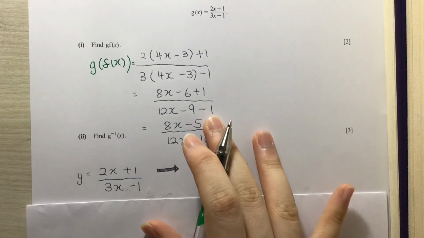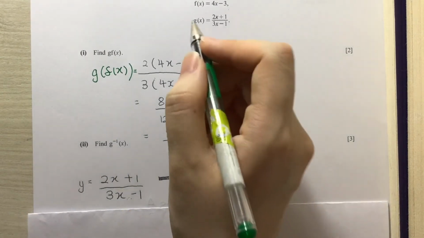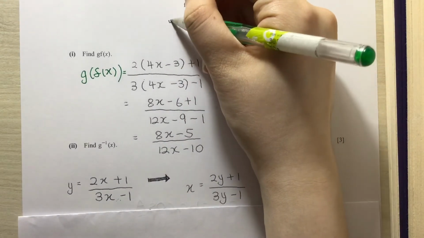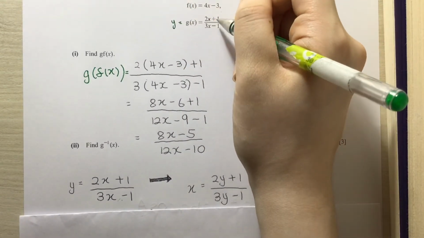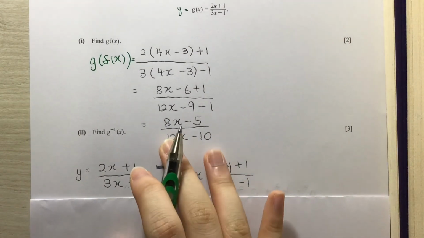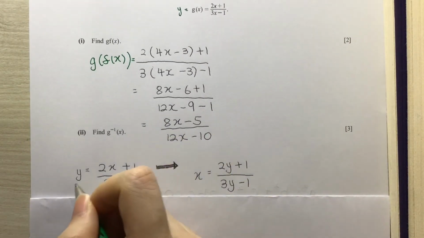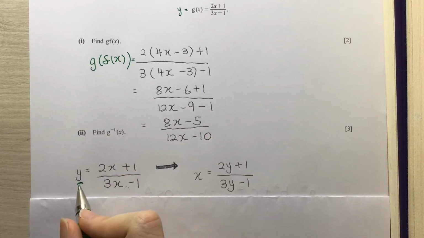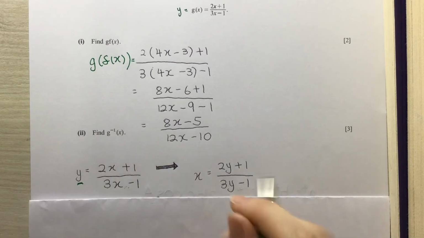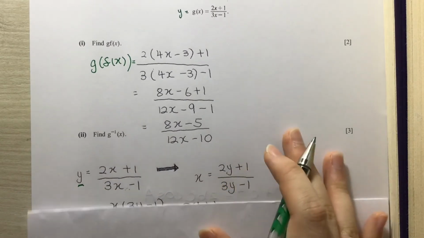And in this case, notice that this can also be written as y, where y equals g(x) equals (2x plus 1) over (3x minus 1). So to find its inverse, we need to make use of this single letter y, so it's easier for us to manipulate to find its inverse.